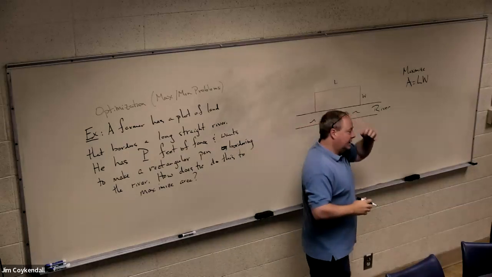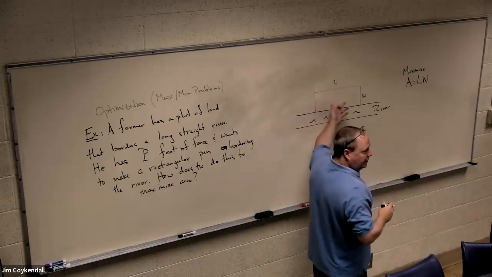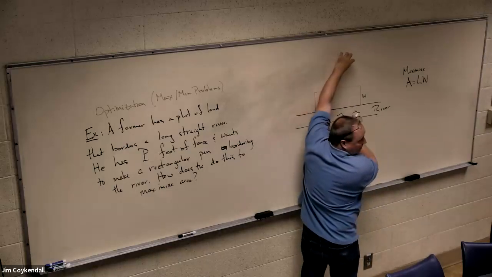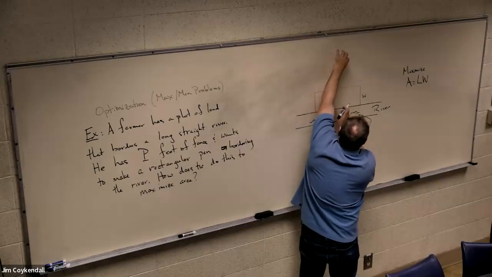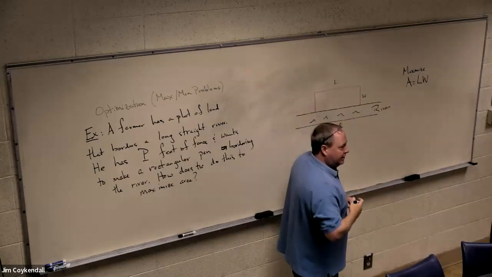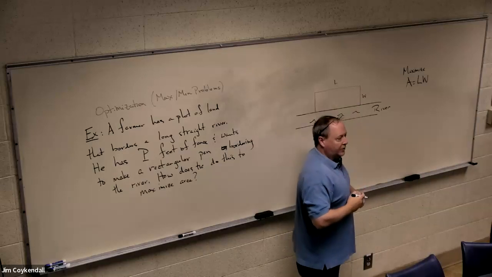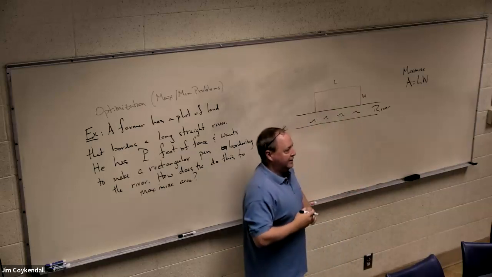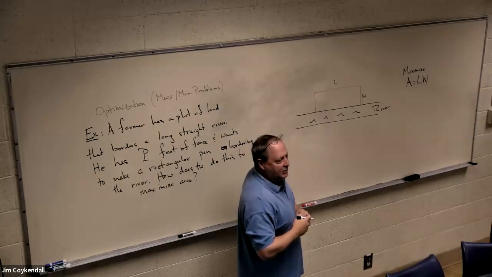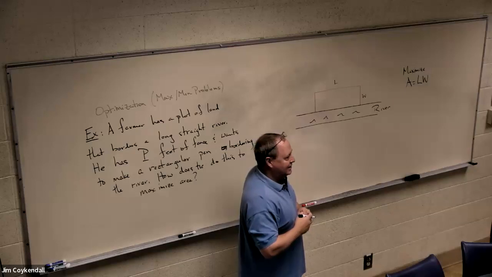And the farmer can build a rectangular pen, but he can do it all kinds of ways. He can make the W very tall, then this way, or he can make it almost down to the river. Does anybody want to guess what the shape of the optimal, biggest one is?